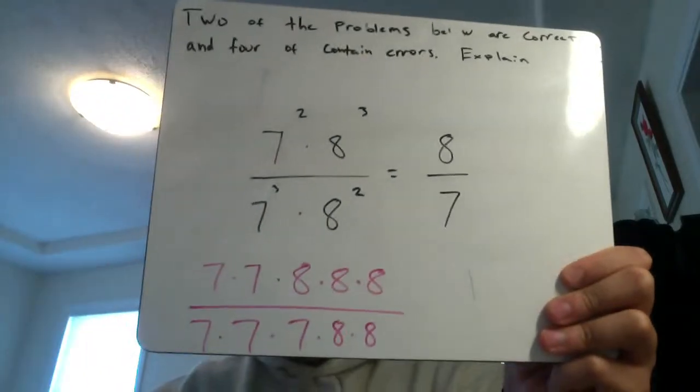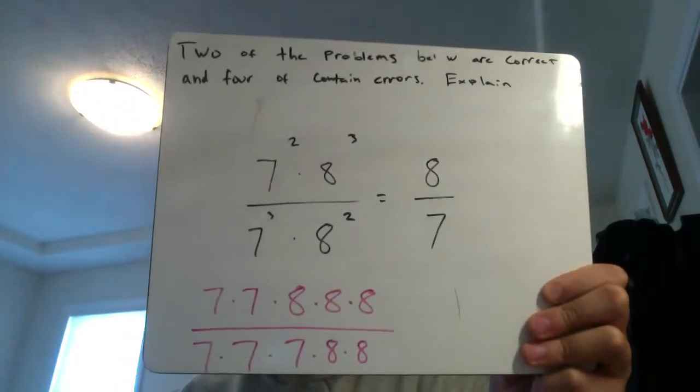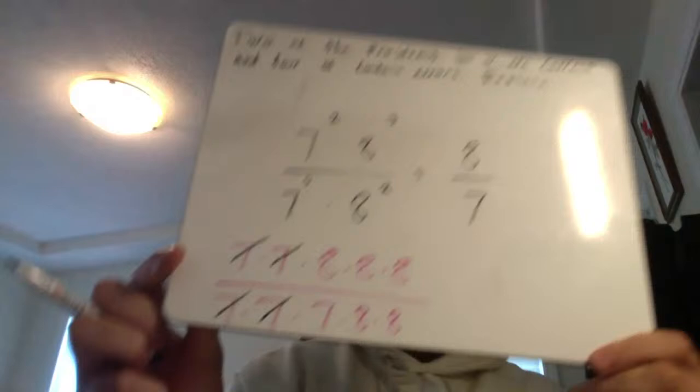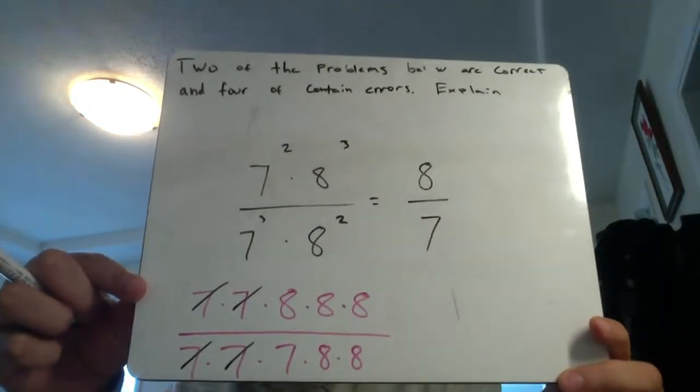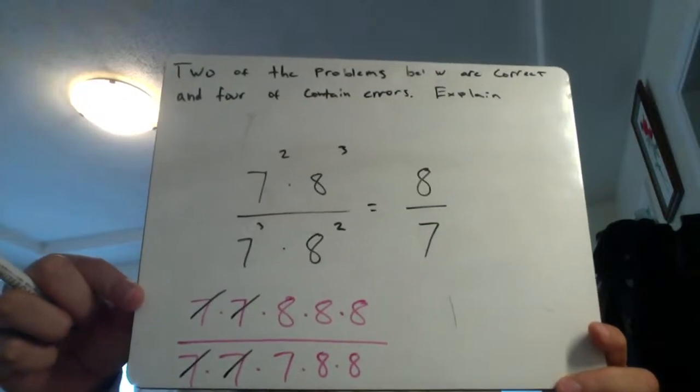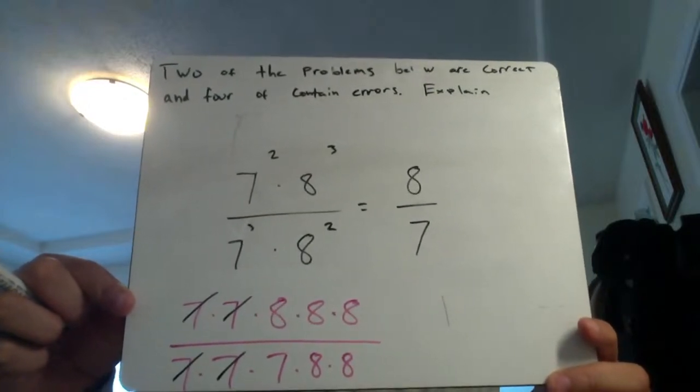And watch how I do that. I cross off my 7s. I have 2 7s in the numerator, 3 in the denominator. So that means I can cross off those ones.